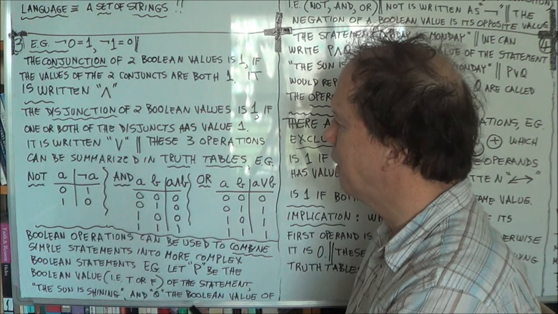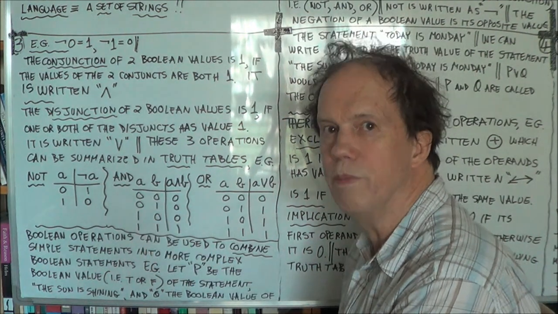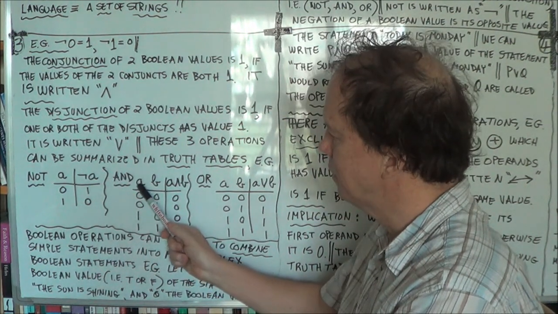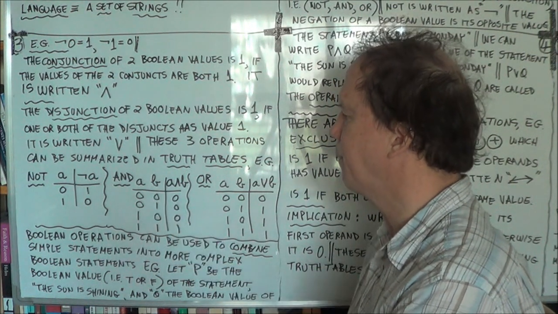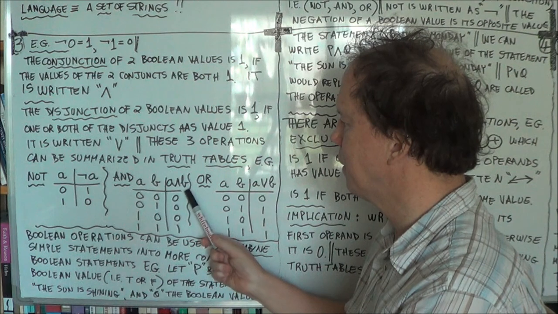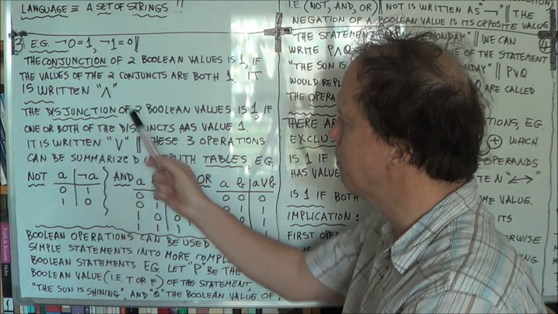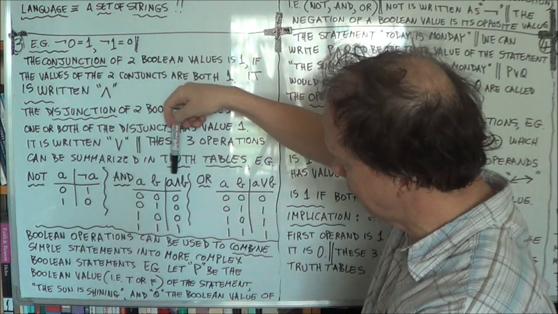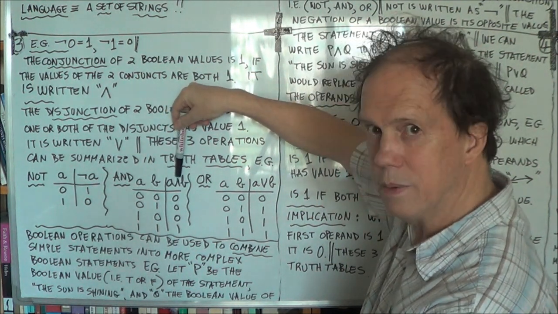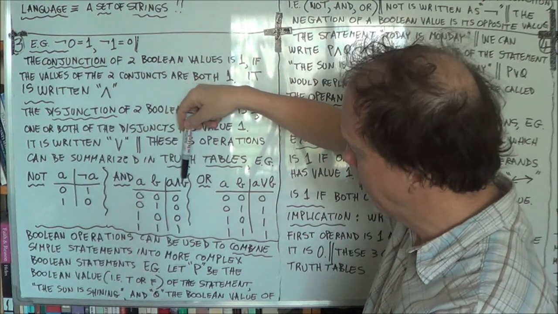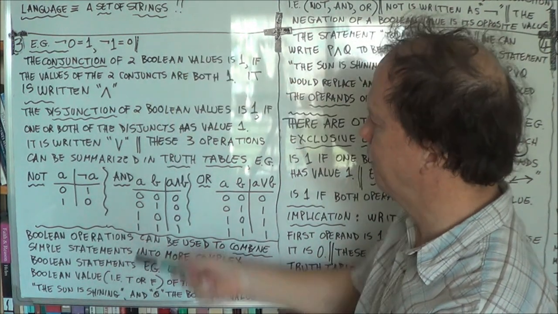Okay? Now, AND involves 2 Boolean variables. So let's call them A and B. And remember the AND symbol was this one. So I don't know if you can see that, but that's little a and symbol, like the upside down V, B. So A and B. Right?